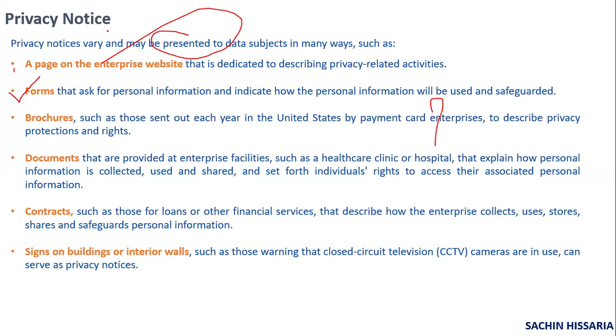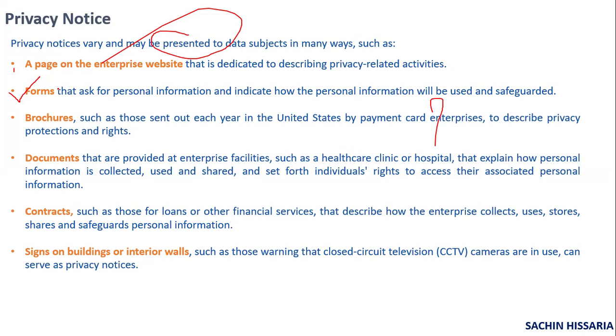As we discussed, privacy notices can be presented to the data subject in the form of a website. Sometimes it will be on the form. If you are using forms to collect personal information, in that form also you can write the privacy notice.